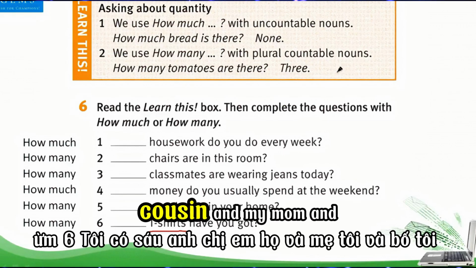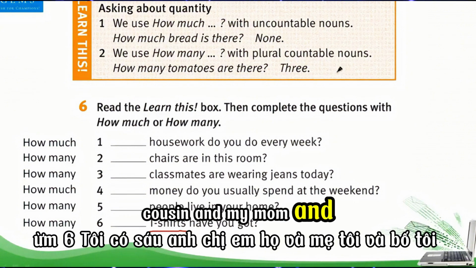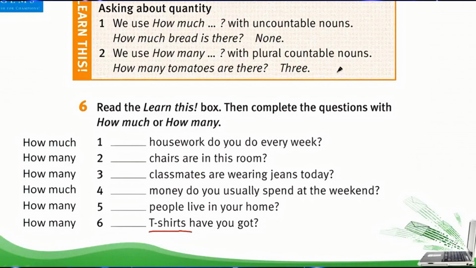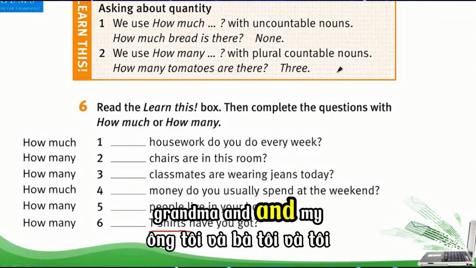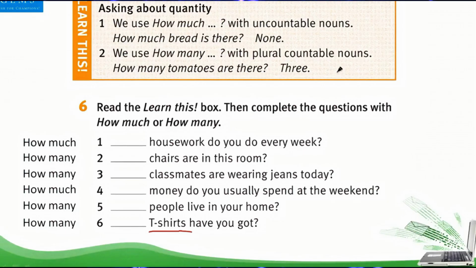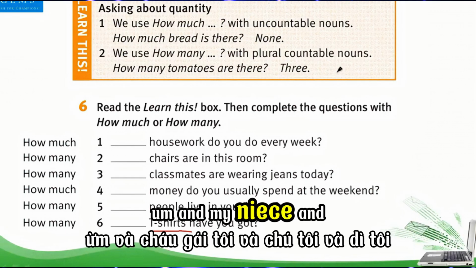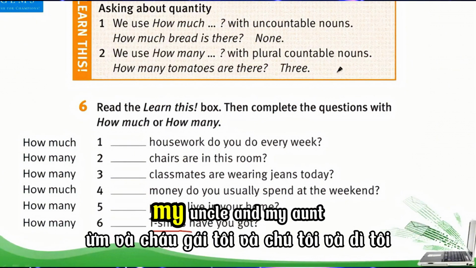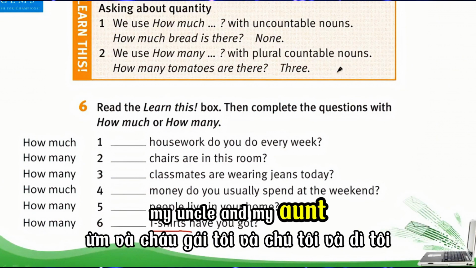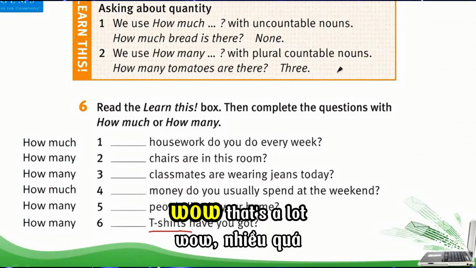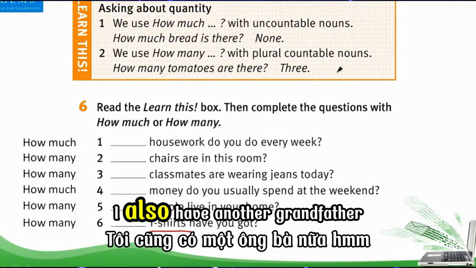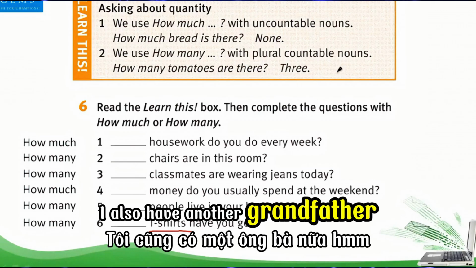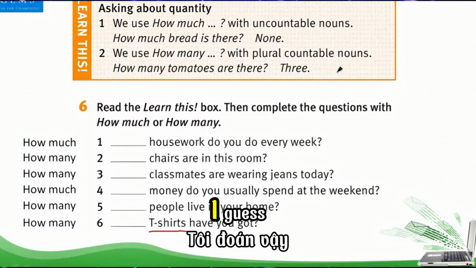I have 6 cousins and my mom and my dad, my grandpa and my grandma, and my niece and my uncle and my aunt. Wow, that's a lot. But actually, I also have another grandfather and grandmother, I guess.